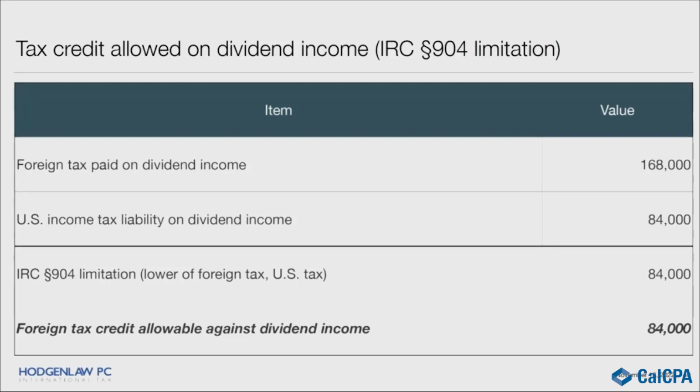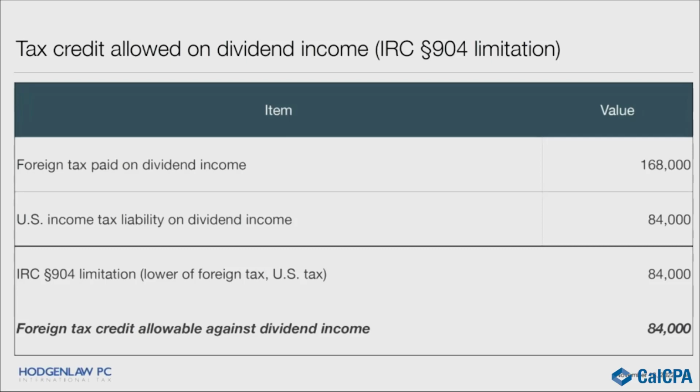So Section 901 says this is the direct foreign tax credit. You, individual, paid tax in this other country, as well as in the United States, on the dividend income. So we'll give you the lower of the two. So U.S. tax liability was $84,000. Makes sense because the income tax rate is 20% here, 40% in my example in the foreign country.